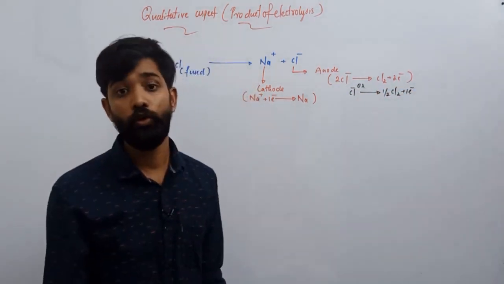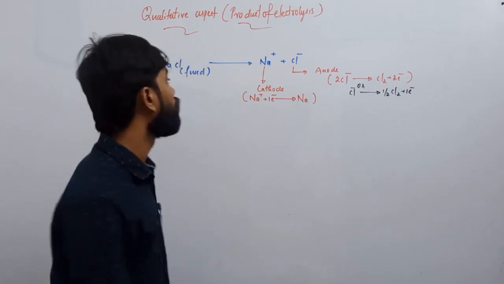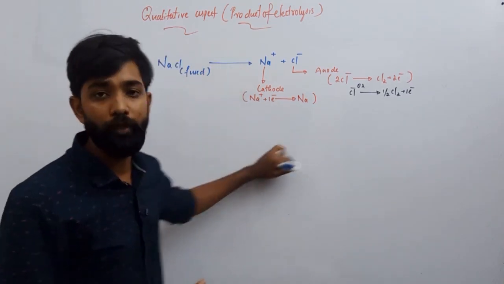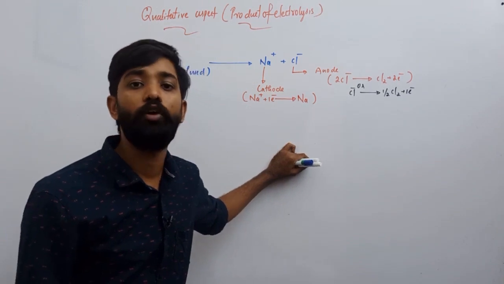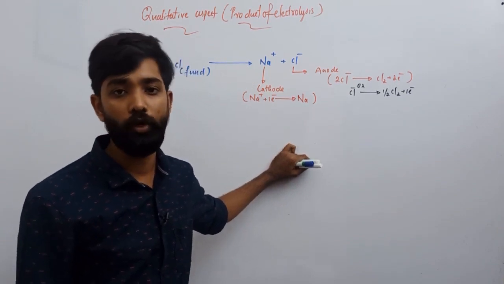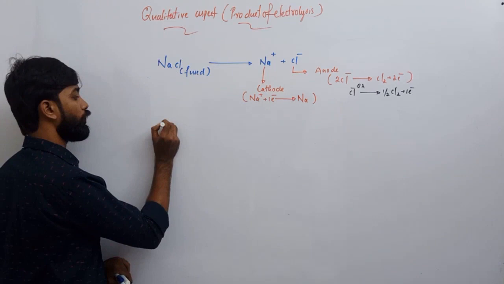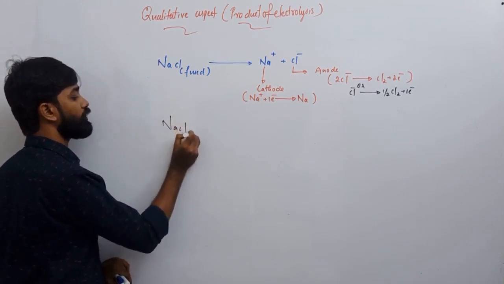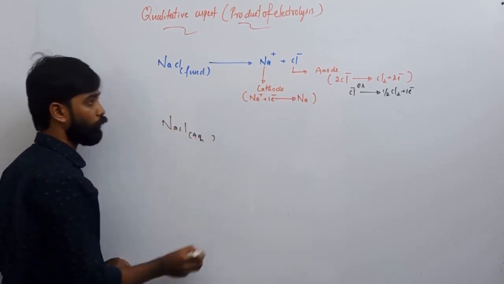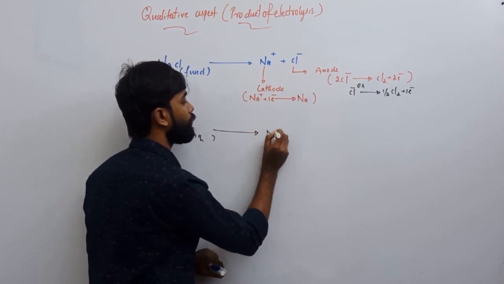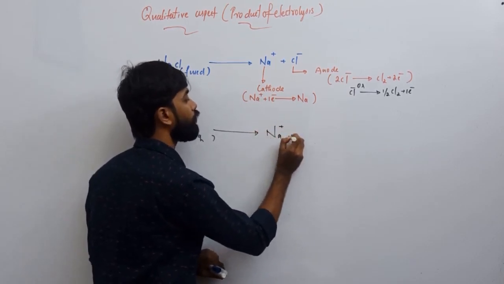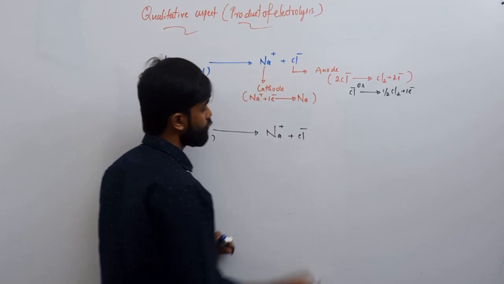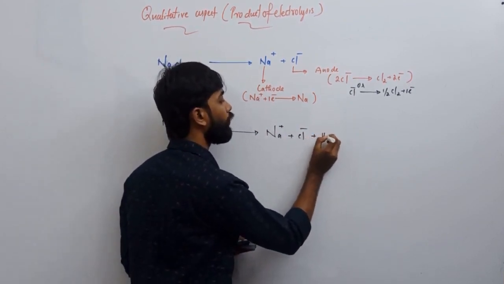There is no controversy or doubt that Na, sodium, will be deposited on the cathode and chlorine will be liberated on the anode. But in the case of aqueous NaCl, what is it? Aqueous NaCl means there is Na+, Cl-, as well as water.